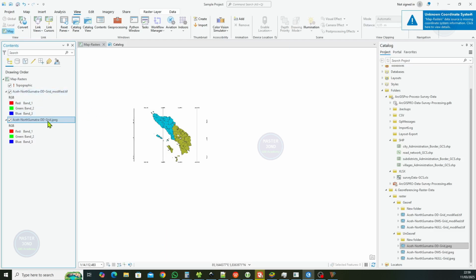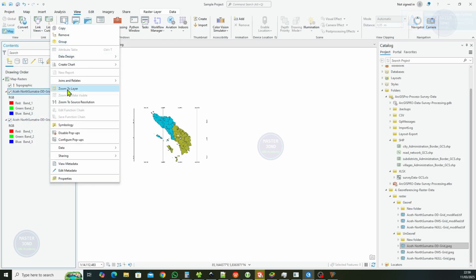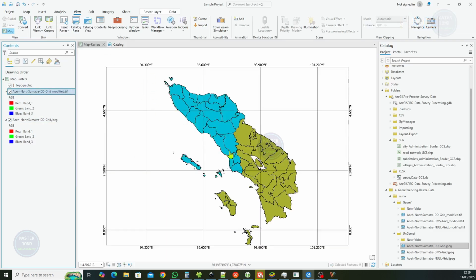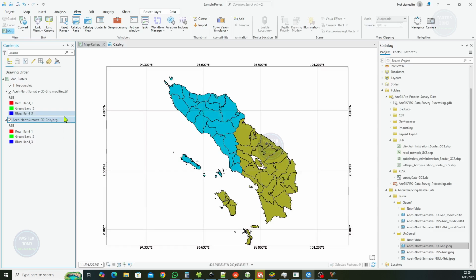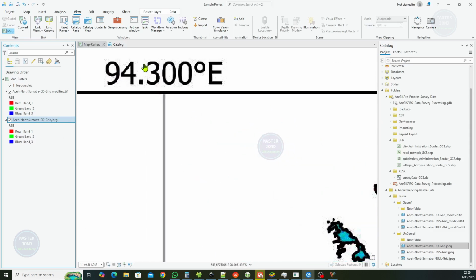For that, we right click here and zoom to layer. This is the georeferenced one. And the ungeoreferenced one, let's zoom to layer here. Okay, this is not wrong, but it is just ungeoreferenced.